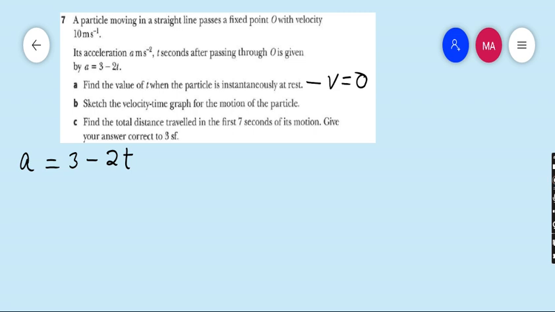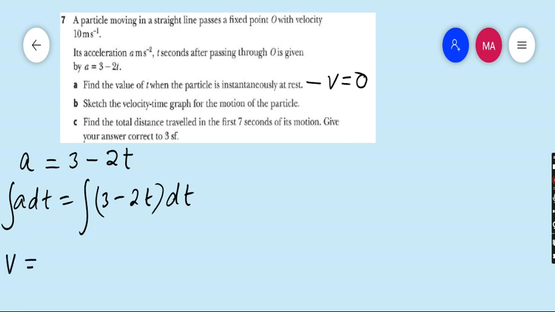So first we have to find the value of velocity by integrating acceleration with respect to time. Integrate 3 minus 2t dt.